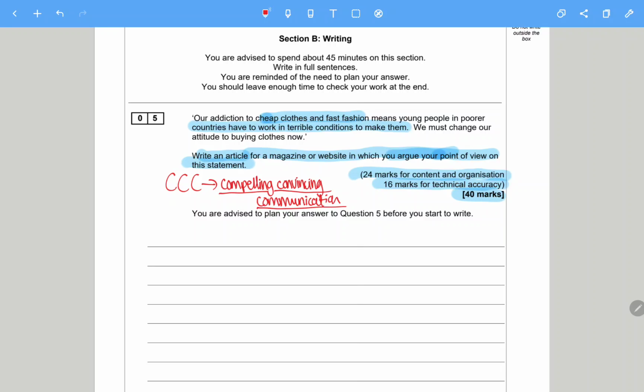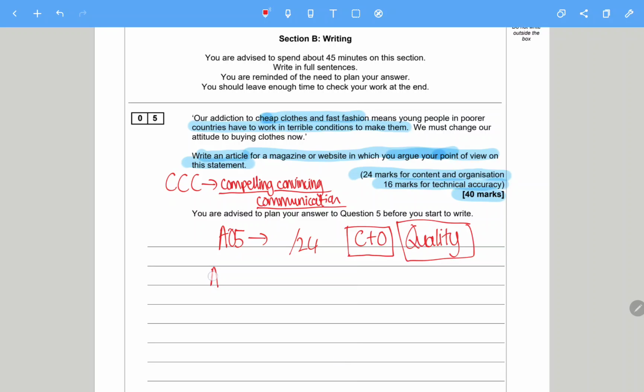Now, the question itself, remember, it's out of 24. So AO5 is out of 24 marks. And this focuses on the content and organization. So it's the quality of your ideas. Remember, quality over quantity. So focus on the quality of your writing. So you will get a mark for AO5 out of 24.